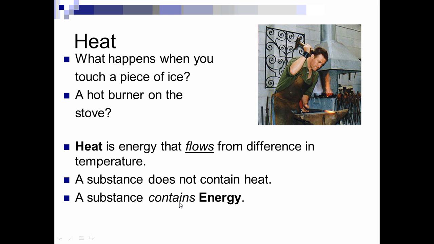A substance contains energy, not heat. Heat is the flow of energy. So in the examples up here, heat is the flow of energy from your hand to the ice or from the burner to your hand. But the energy was contained in the objects, and that energy moves as heat.